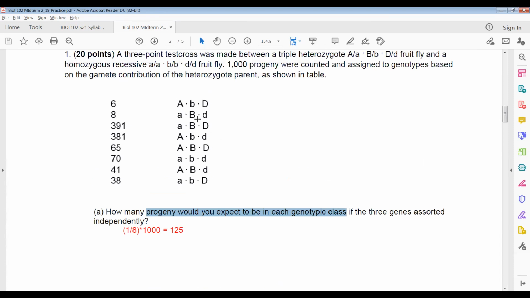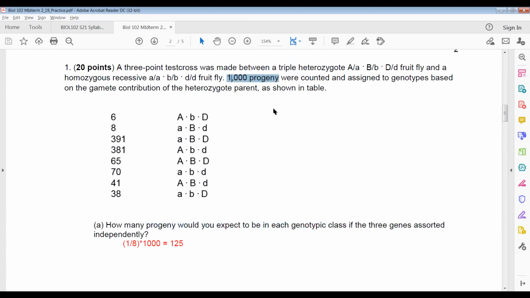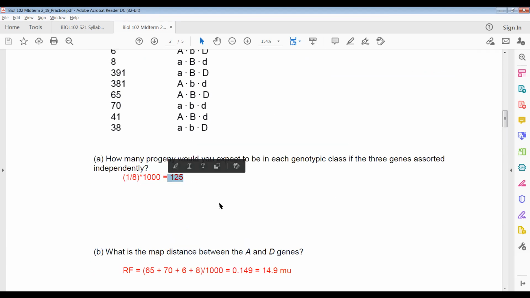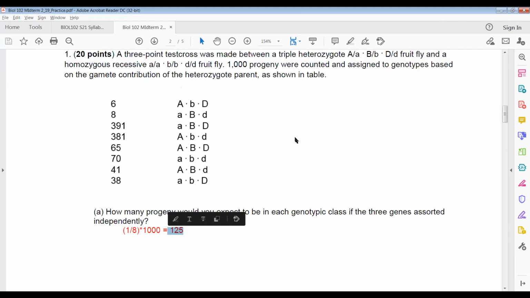You would see equal numbers in each category. If we have a total of 1,000 progeny, you just divide this total number by 8. This is the answer for the first question. This is a hypothesis: if these 3 genes are not linked, this is what you expect to see.